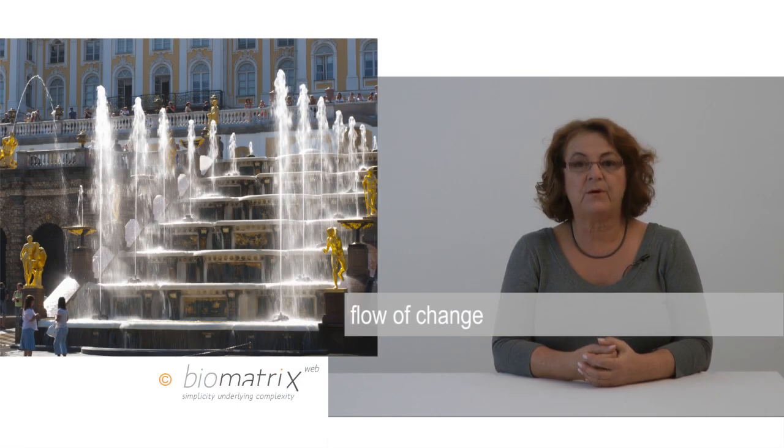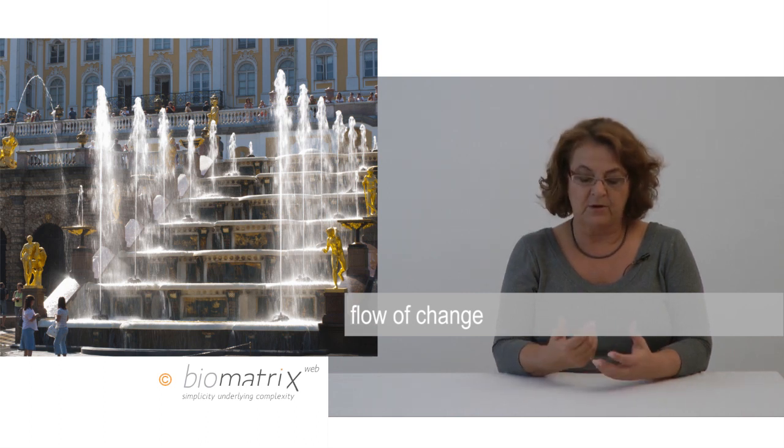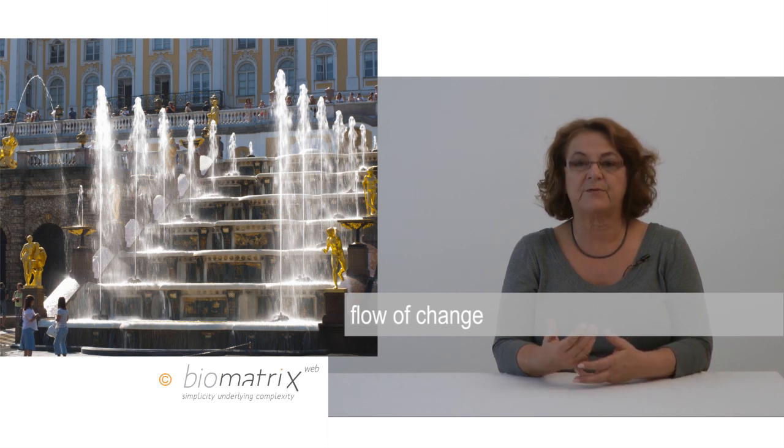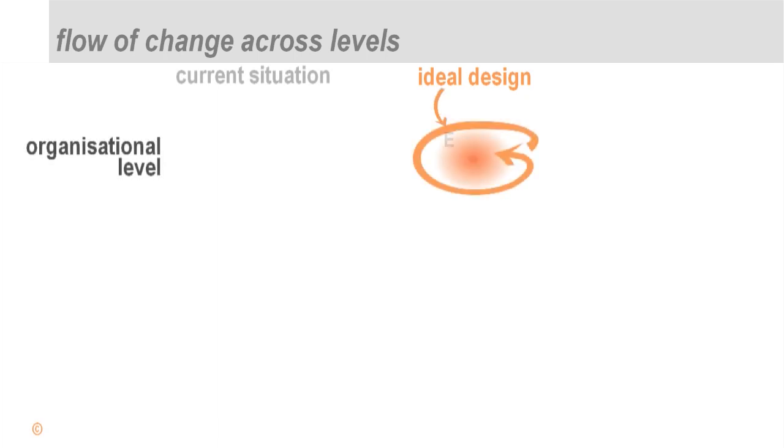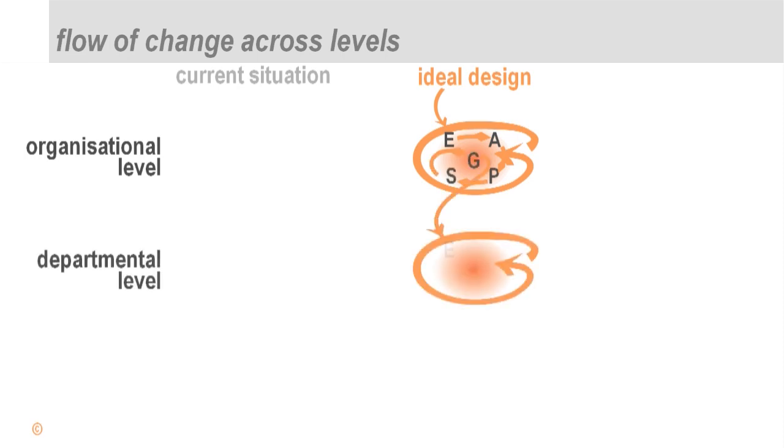If we look at the flow of change across levels, as we outlined previously, the clockwise and counterclockwise forces flow through the system's hierarchy. So if we are, for example, making an ideal design at the organizational level, we need to cascade that into sub-designs at all departmental levels, sub-departmental levels, and individual levels of individual functions.